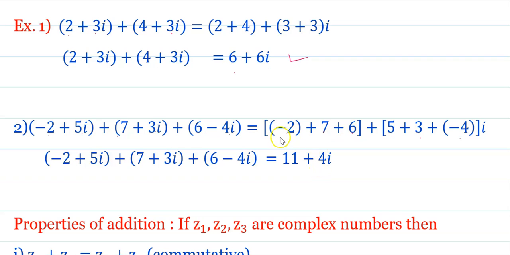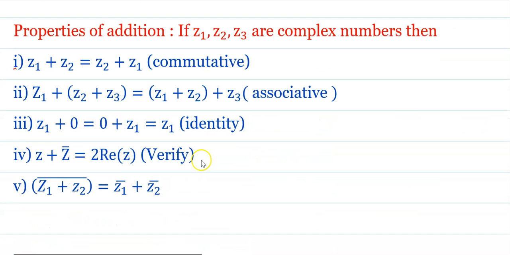Okay, and then do this addition. What is that addition? That is 7 plus 6, then you will get 13. 13 minus 2, 11. Okay, and what about this? 5 plus 3, 8. 8 minus 4, again you will get 4, and this is the addition of these three complex numbers.